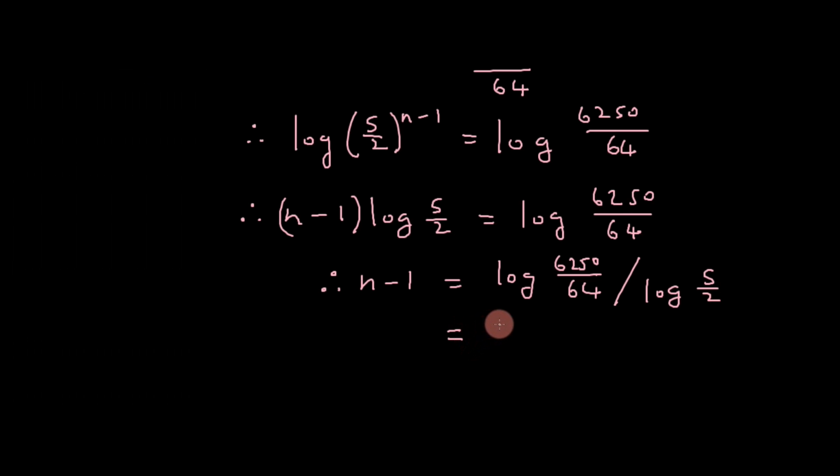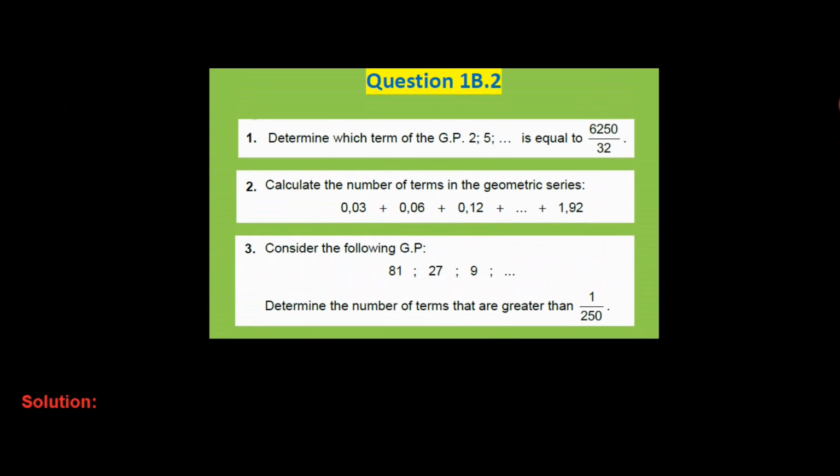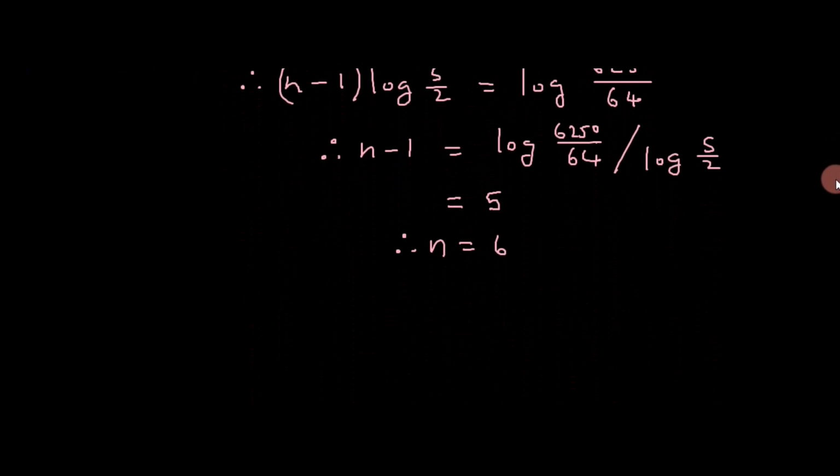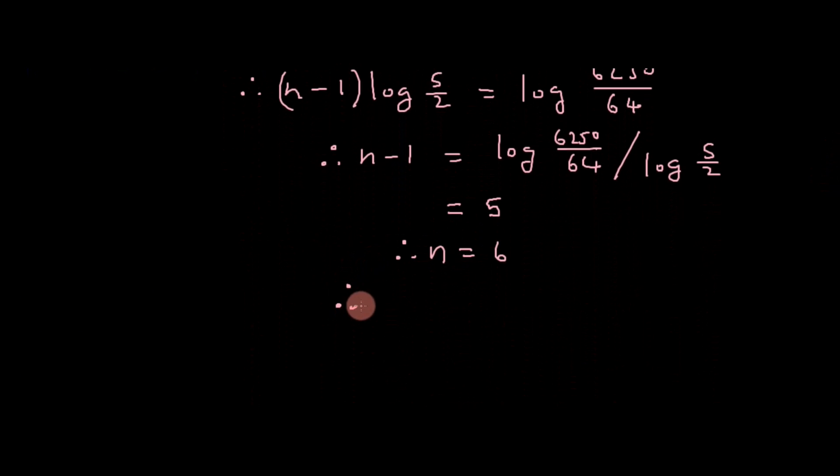So n minus 1 is 5, and hence n is 5 plus 1, which is 6. Now, to go back to the question, they wanted to know which term of this GP equals 6250 over 32. So this is in fact the 6th term.